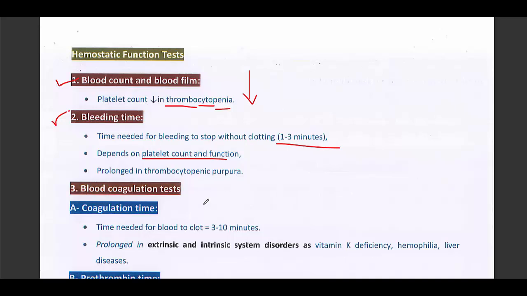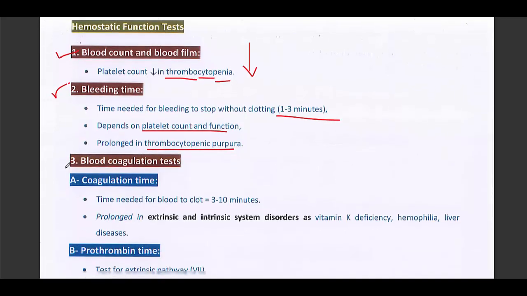If they are abnormal, it will also become abnormal. So it is prolonged in thrombocytopenic purpura. Why? Because, as we said, it depends on platelet counts. If there is a low number of thrombocytes or platelets, it will not stop the bleeding.